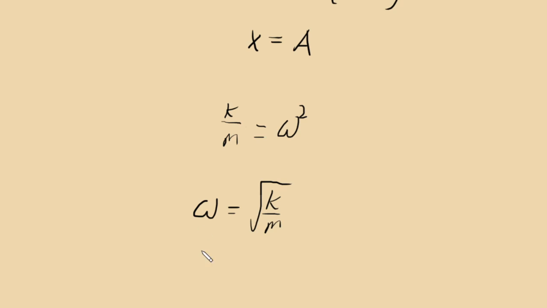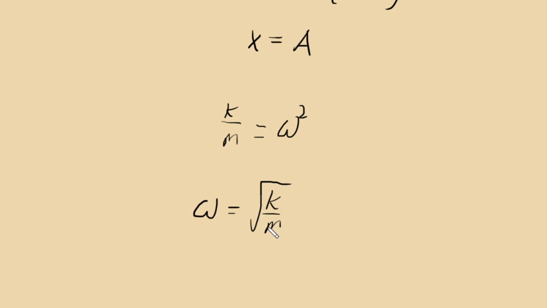And so, solving for omega, we see that our angular frequency for a mass on a spring is equal to the square root of k over m. And once again, our k is our spring constant, and m is the mass that's being oscillated. Which should make sense, because the stronger our spring, the faster it's going to be able to move an object.